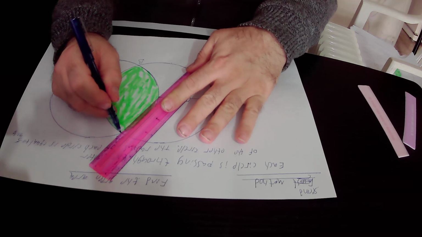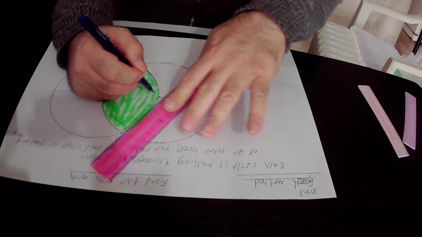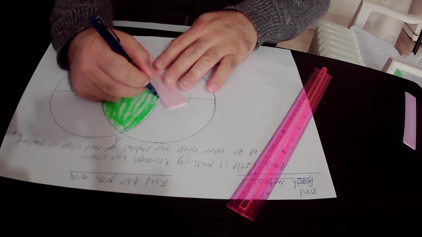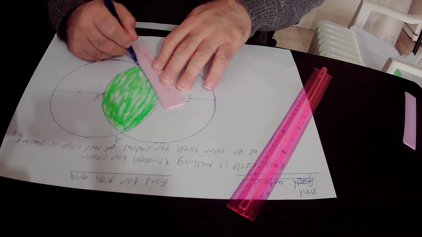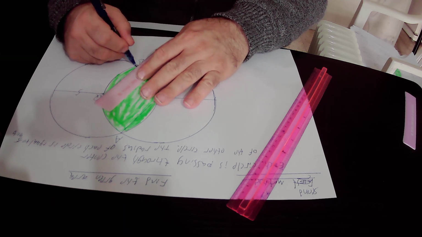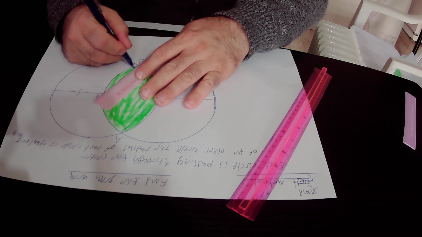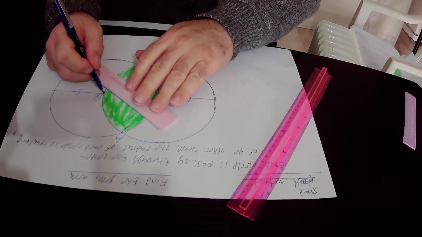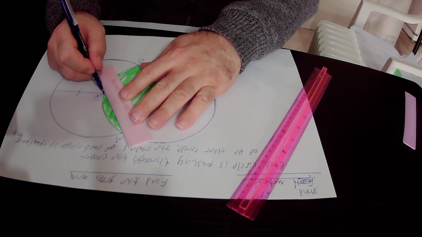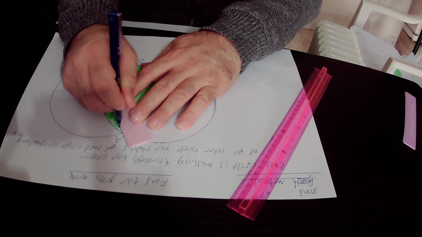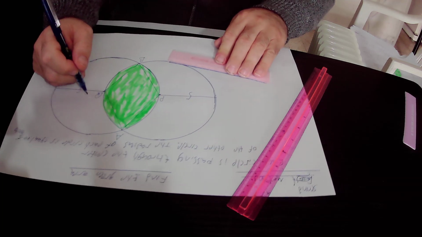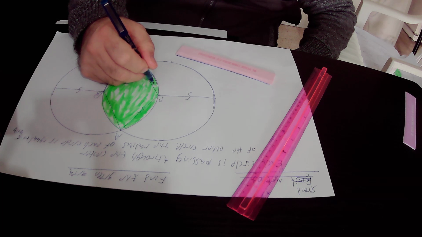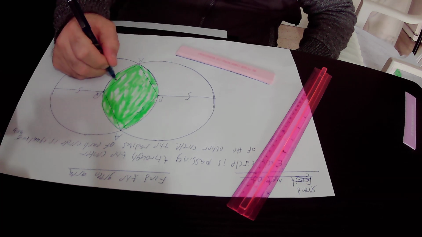We've already found out that they are equal to 5 units. All those line segments are equal to 5 units. We already found out in the first method.